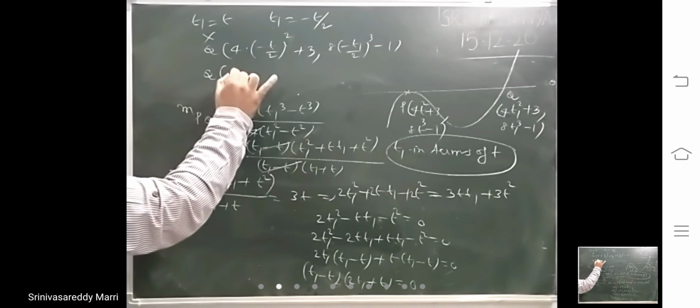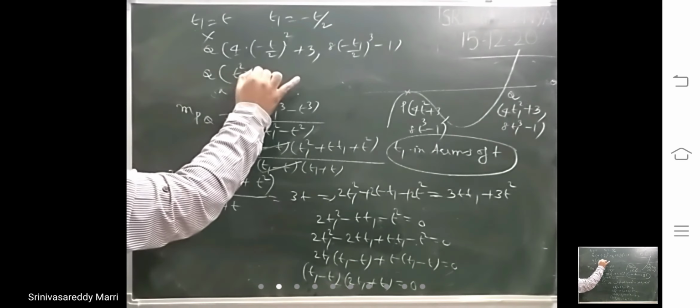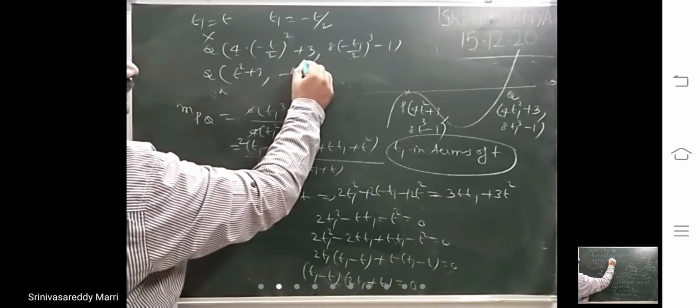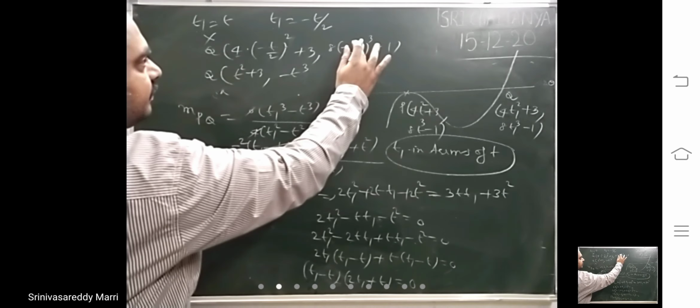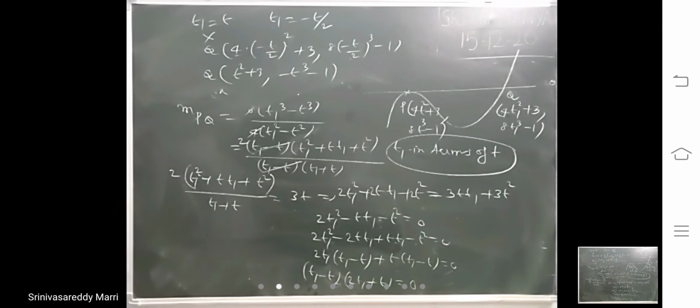So therefore Q point is nothing but t square plus 3 comma minus t cube minus 1. So first option is correct.